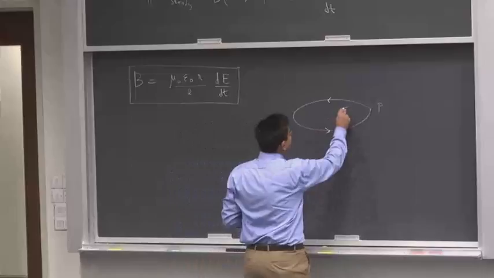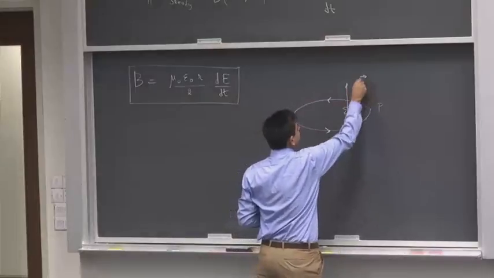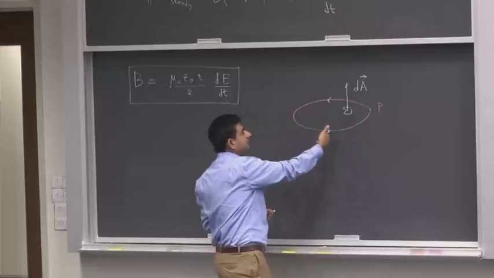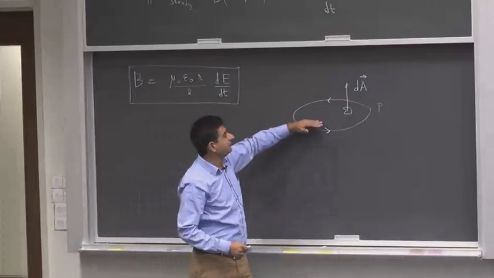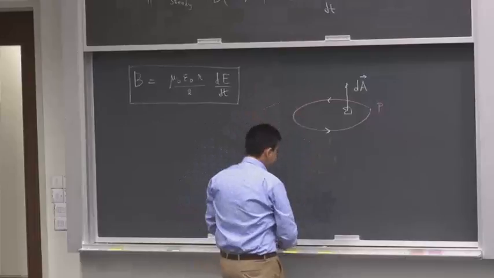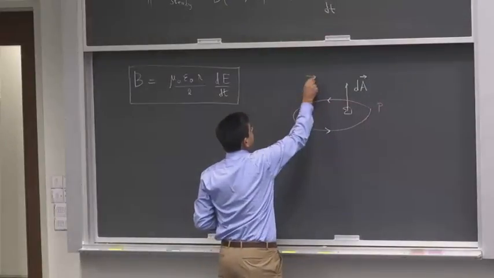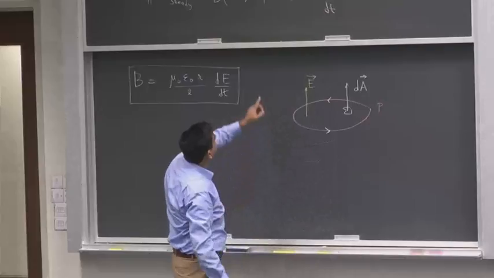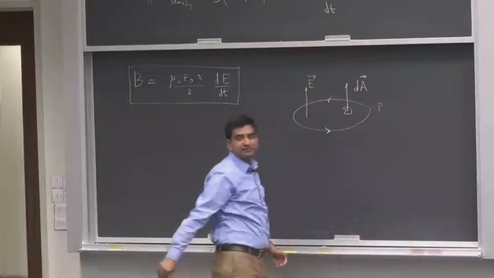So this is a small area element, dA pointing upwards, which means that I'm traversing the path in the manner shown. Now the electric field through this area is also pointing upwards, E. So when I look at the right hand side, E dotted with dA is positive, it's upwards.